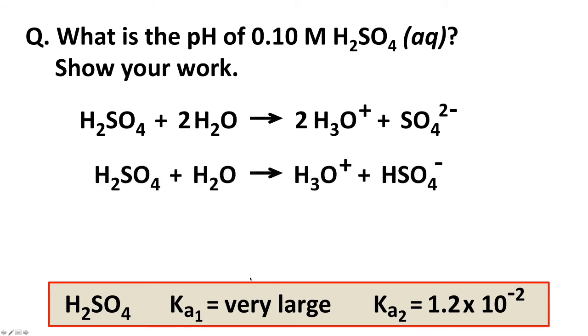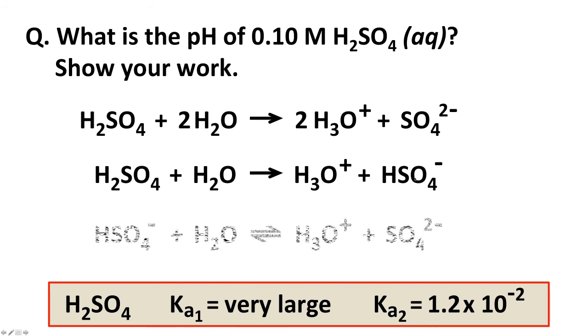So what ends up happening is H2SO4 dissociates fully to make HSO4 minus and a hydronium ion, but then that HSO4 minus only partially dissociates, so we have an equilibrium here that's not completely product favored for the second dissociation, and we don't completely produce the SO4 2 minus or sulfate ion.